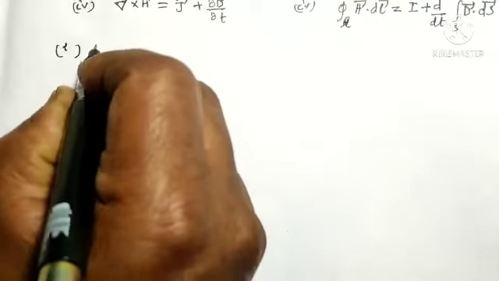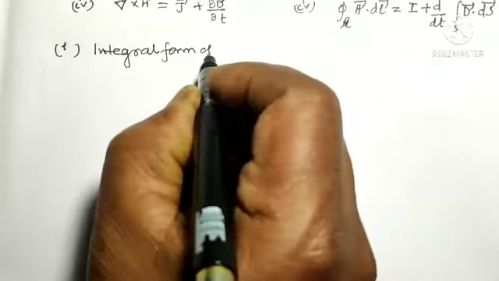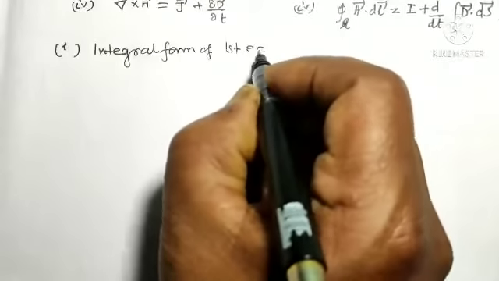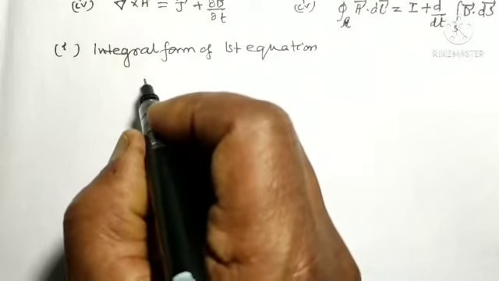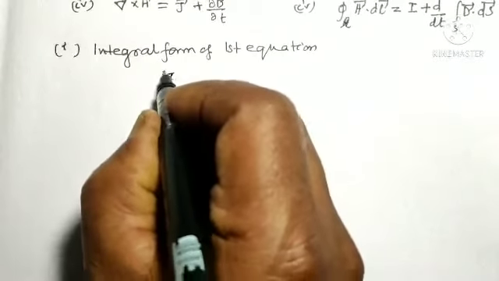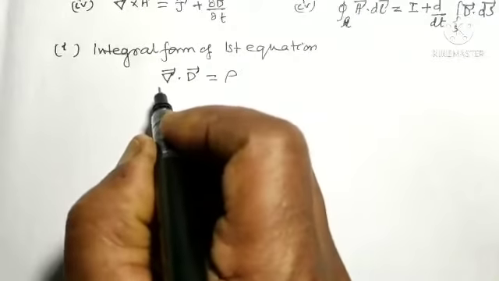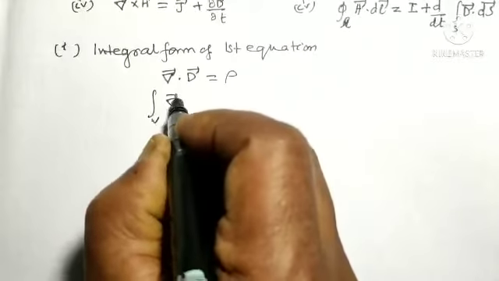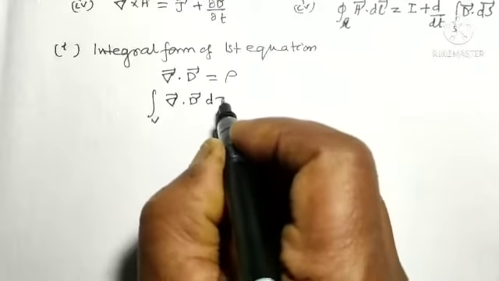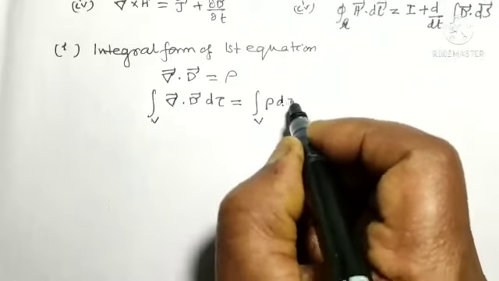First, integral form of first equation. The differential form of first equation is div D is equal to rho. Now integrating over a volume V, that is volume integral of div D d tau is equal to volume integral of rho d tau.